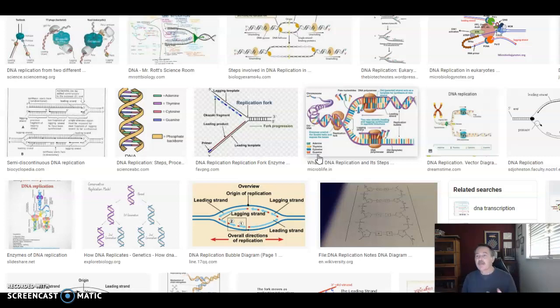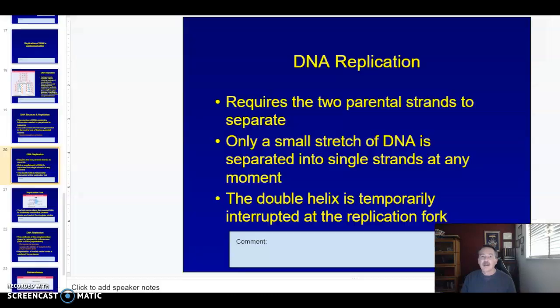Faster is better because the more the DNA molecule is exposed, the more chance it has of mutation. And that's not good. All right, so to minimize mutation, it wants to have that bubble open only a split fraction of a time. I mean, just boom, bam, up, down, replace, and close. Okay, and the only way you can do that is to do several of these all at the same time.